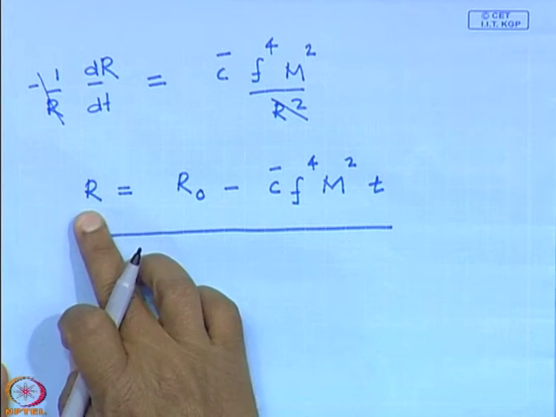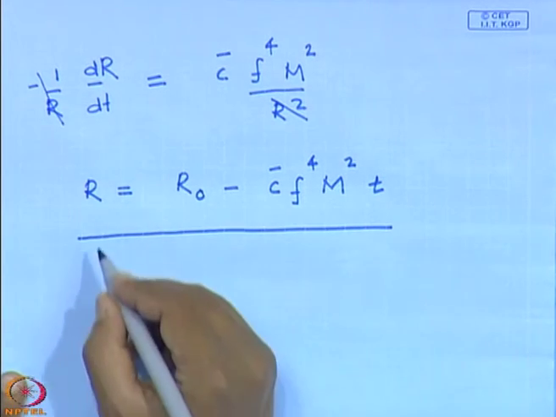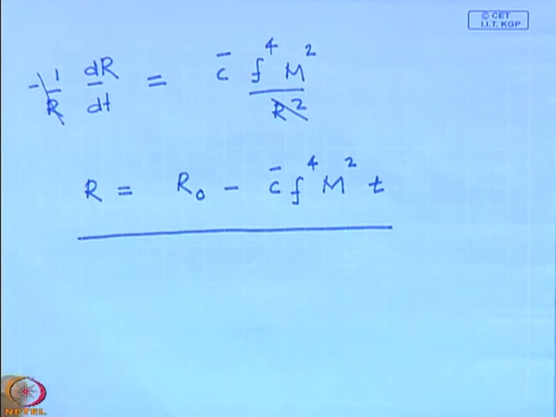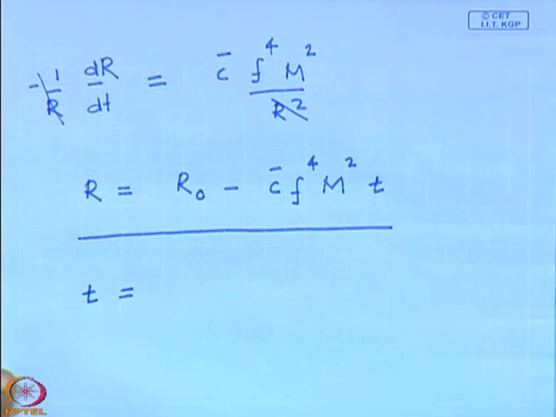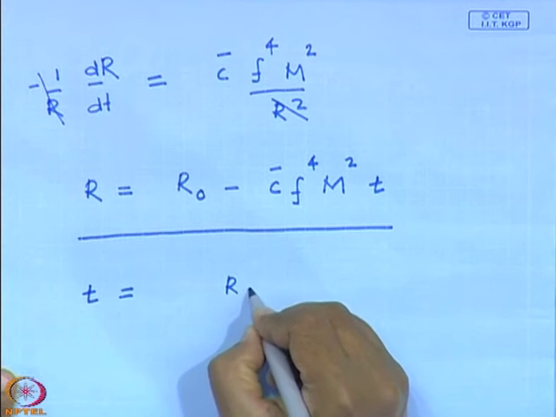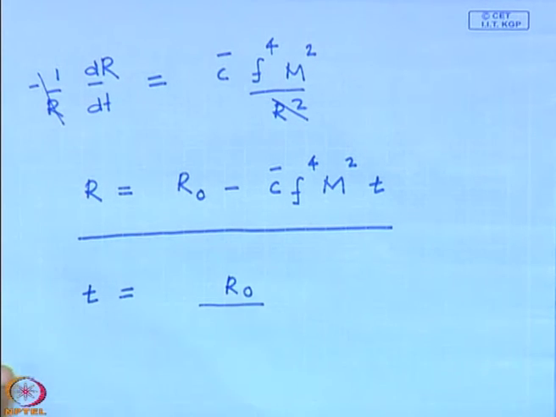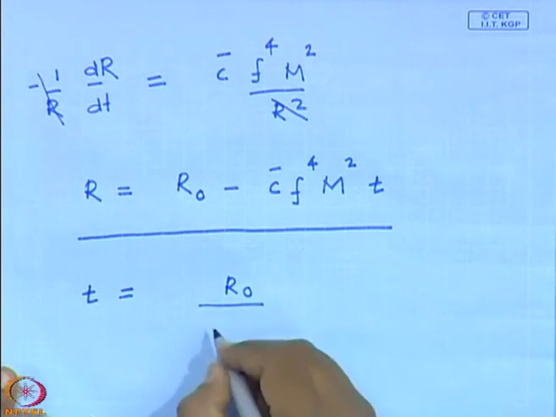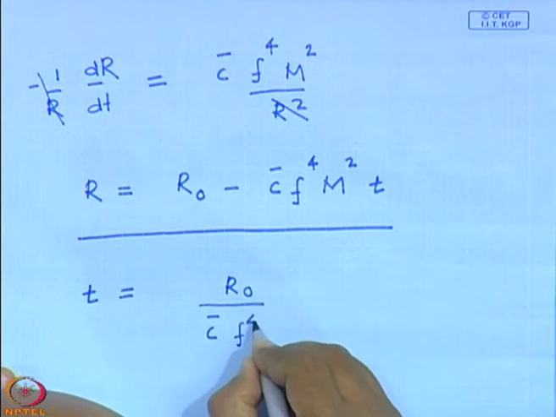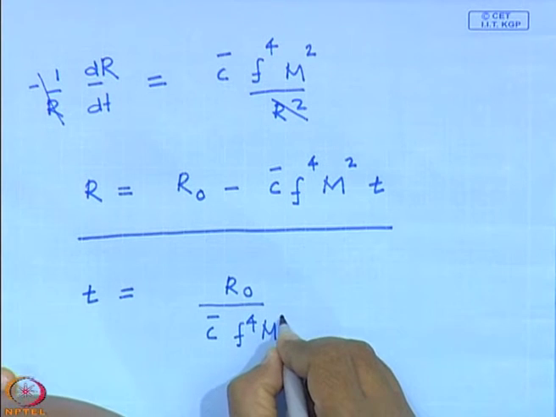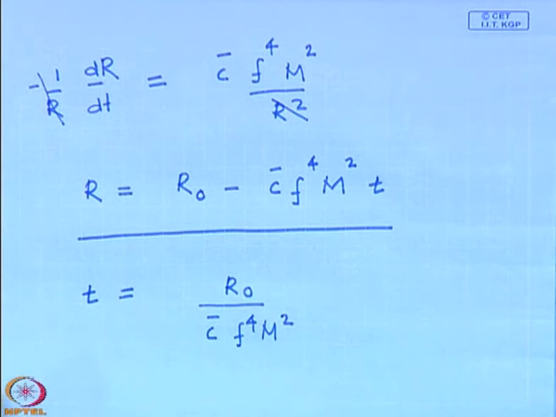So, the object essentially contracts and the entire object according to this collapses at a time t equal to r naught by c bar f to the power 4 m squared.